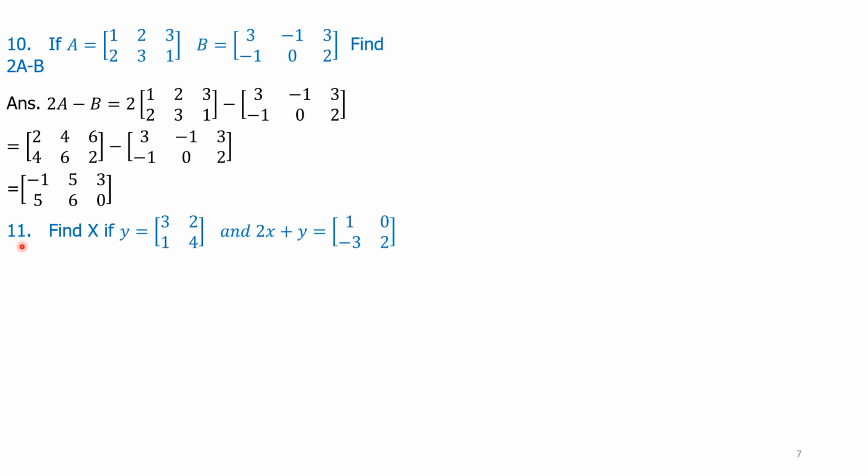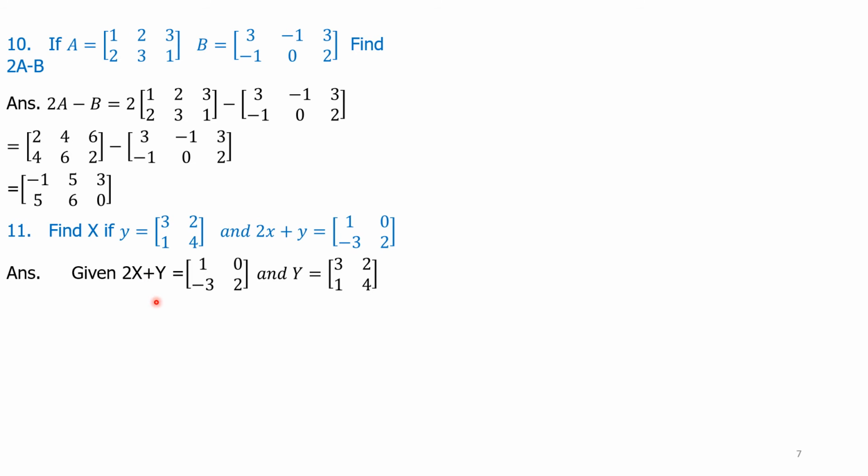Question number 11. Find X if Y is equal to the 2 by 2 matrix [[3, 2], [1, 4]], and 2X + Y is equal to [[1, 0], [-3, 2]], also a 2 by 2 matrix. We are required to find the value of X. If we subtract matrix Y from 2X + Y, we get the value of 2X.